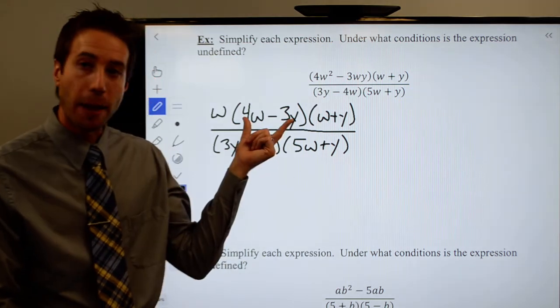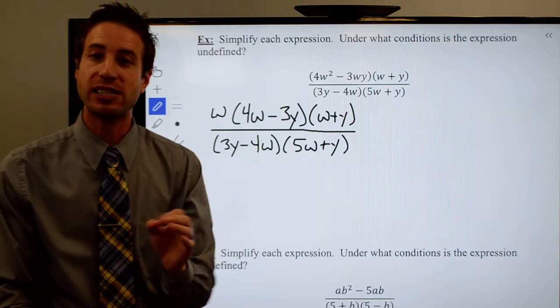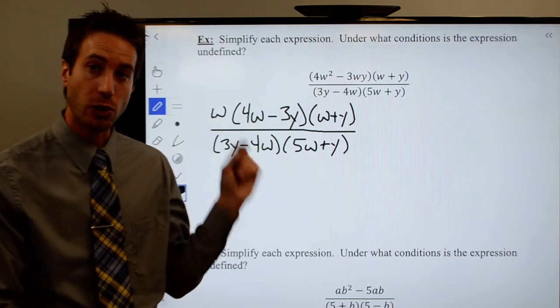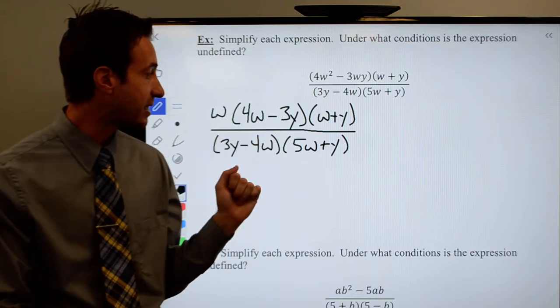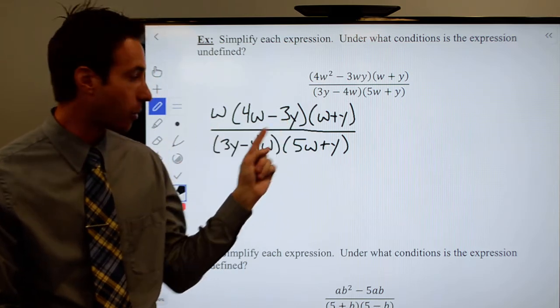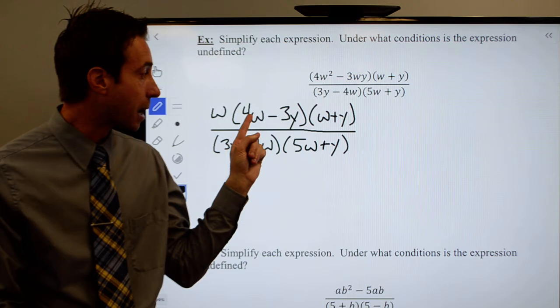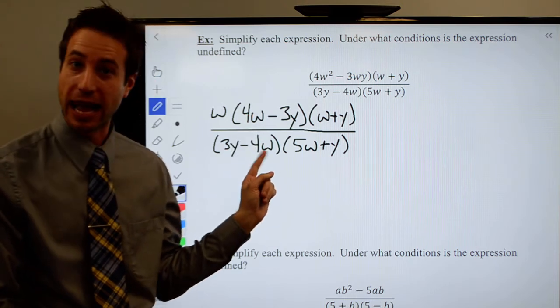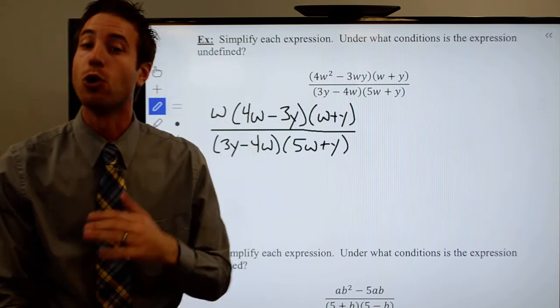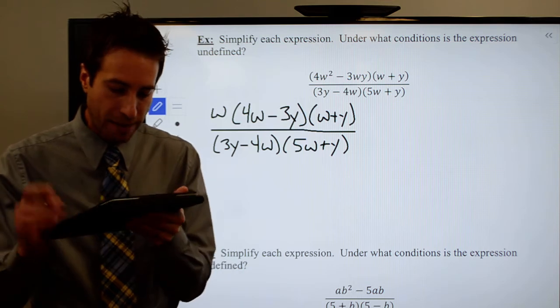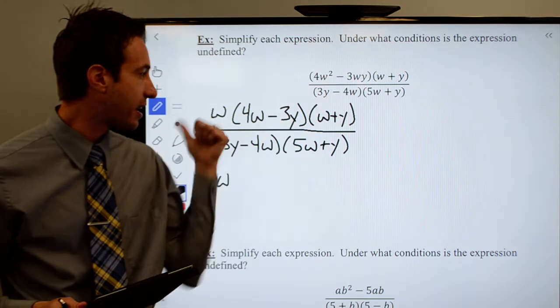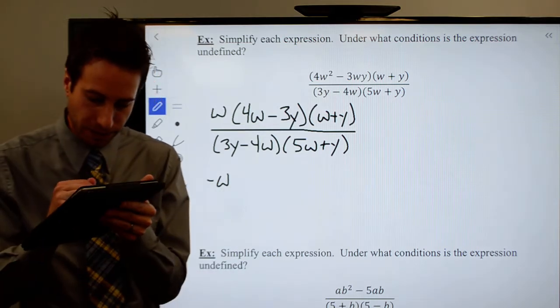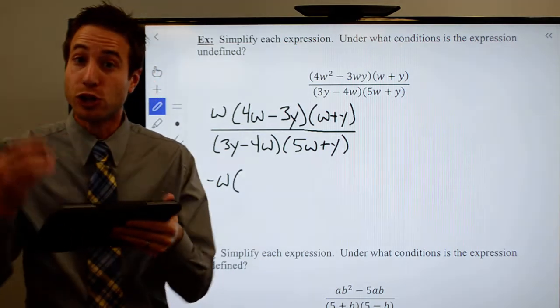So in the top, it turns out my GCF was not just a w, but in fact a negative w. If I pull out a minus sign, this will become a positive 3y, like I have down here, and this will become a negative 4w, like I have down here, and those factors will cancel. So let's factor out that negative 1. I pull out a negative 1, which gives me the negative w, and those guys switch signs.